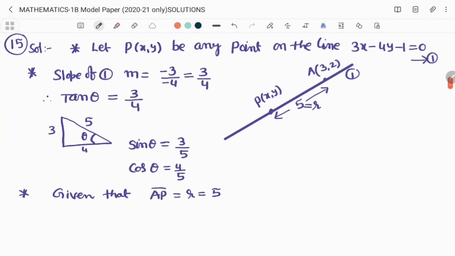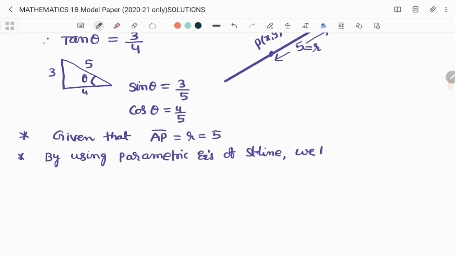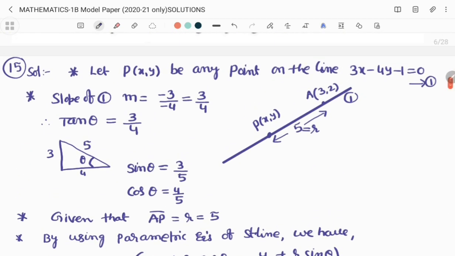So to get the coordinates of the point P, x comma y, on the line, by using parametric equations of straight lines, we have the formula: x comma y equal to x1 plus or minus r cos theta, y1 plus or minus r sin theta. So x1 y1 means the given point.